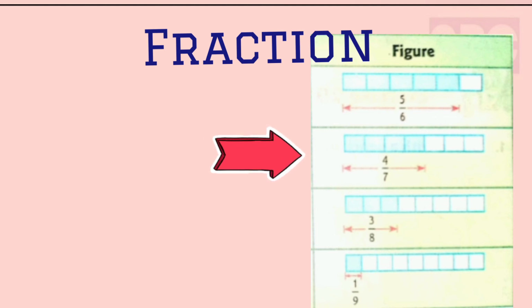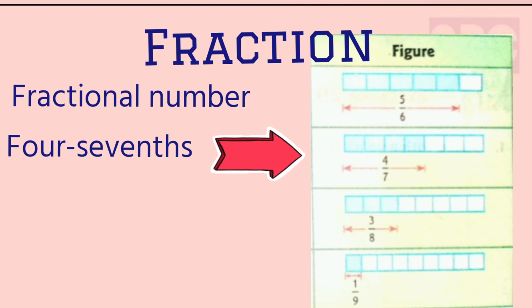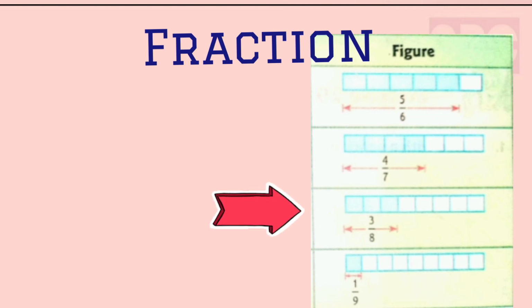Second image, here the whole rectangle is divided into 7 equal parts, and out of 7 equal parts, 4 parts are shaded. So the fractional number for this particular figure will be 4/7. In terms of fractions, it will be written as 4 by 7. Third image, now here the whole rectangle is divided into 8 equal parts, and out of 8 equal parts, 3 parts are shaded.